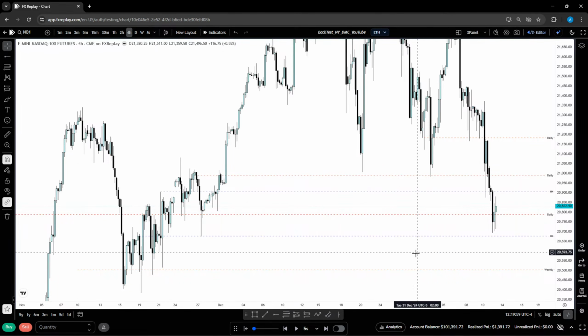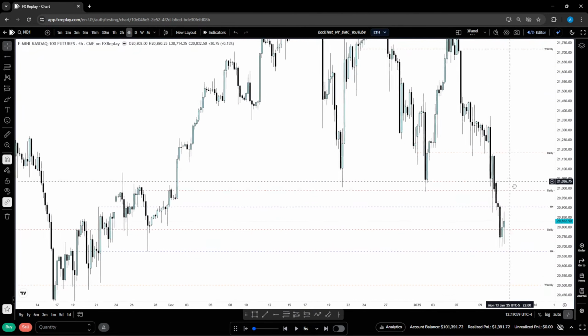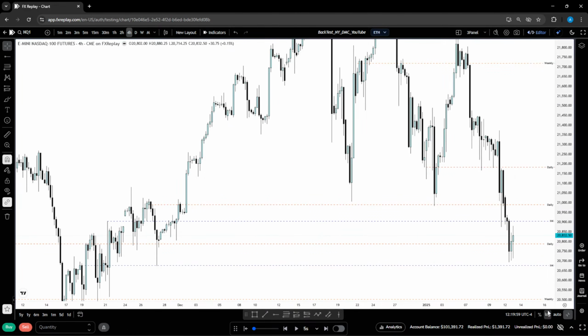This will open a 4 hour. And that's it. So they're the higher time frame levels.